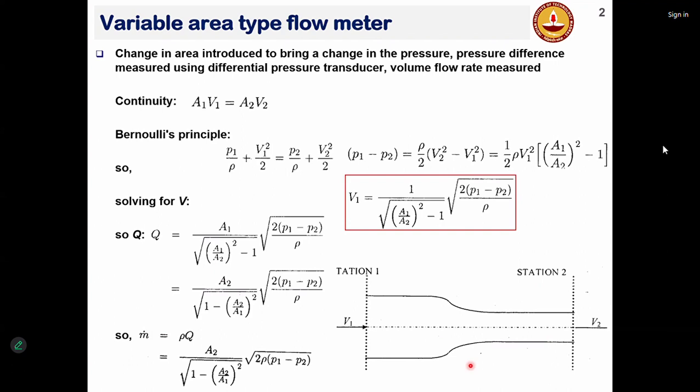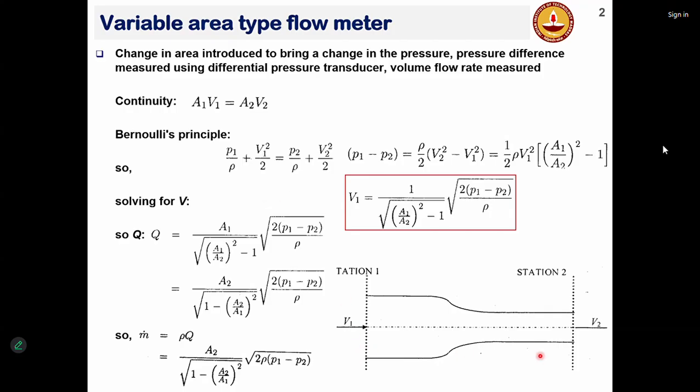Here, when we estimate the mass flow rate and volume flow rate in this way, we make an important assumption that the pressure drop between station 1 and station 2 is only because of the change in cross section.